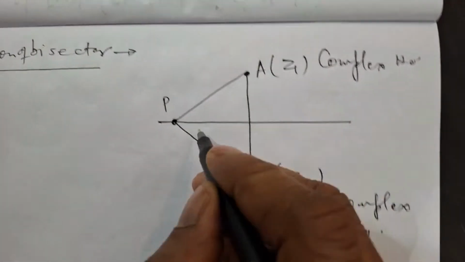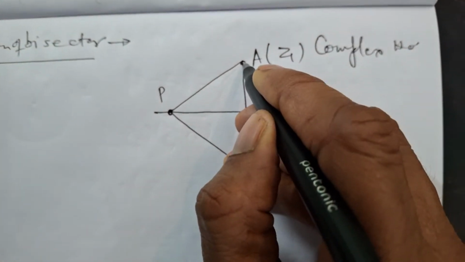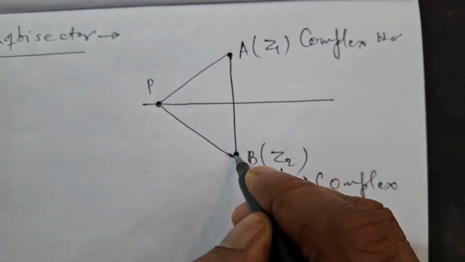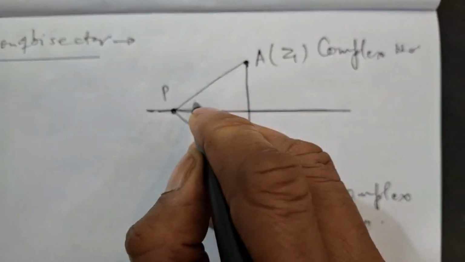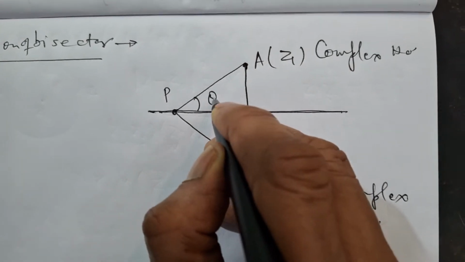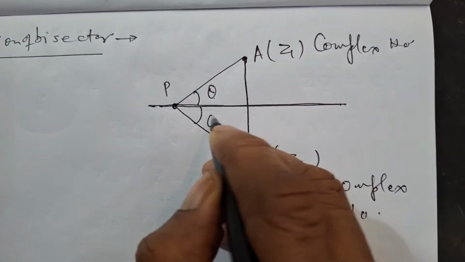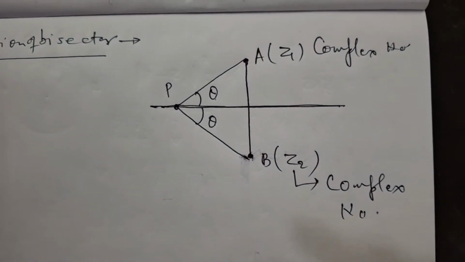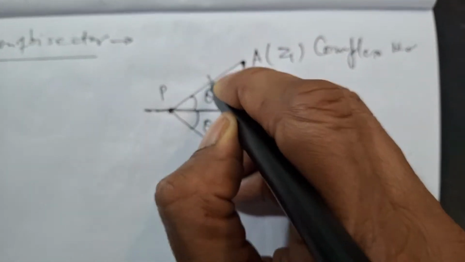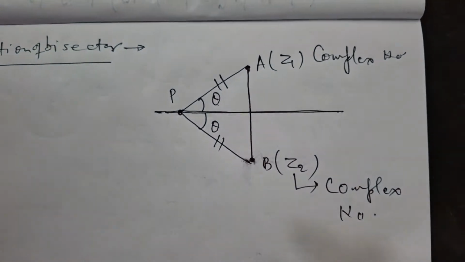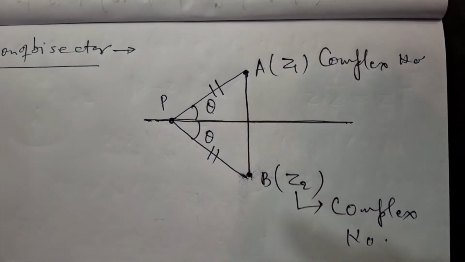Now according to the bisector, the line joining A and B is bisected by this line. This means whatever the angle of this one, this angle will be the same. The concept of a bisector means this line and this line must be the same in terms of length.